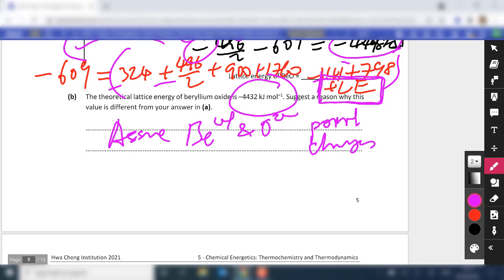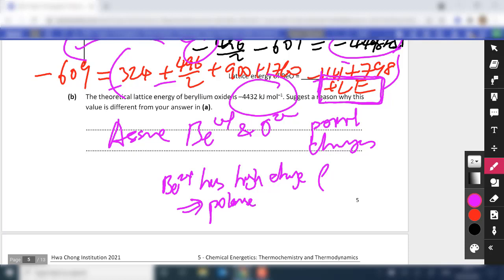Of course, in reality, they are not point charges, because in reality, beryllium 2+ has high charge density. So that means that it's able to polarize the O2- electron cloud to a relatively large extent.